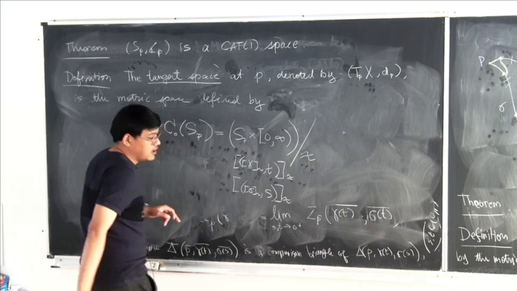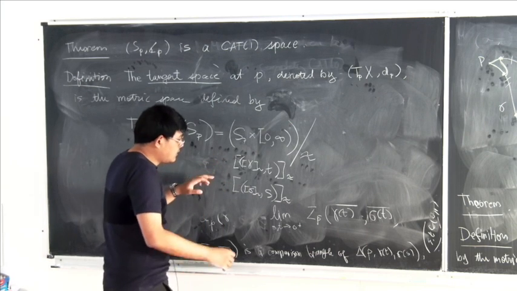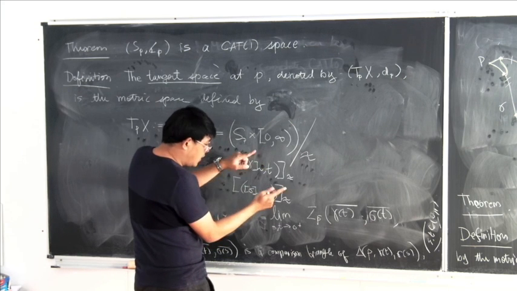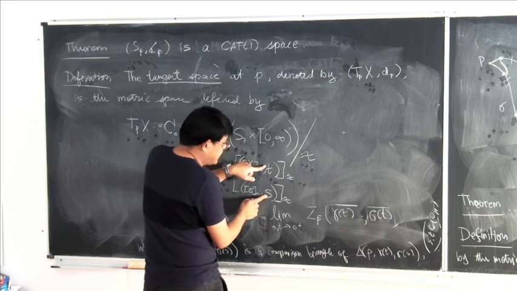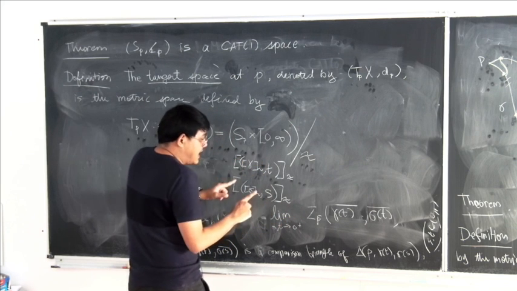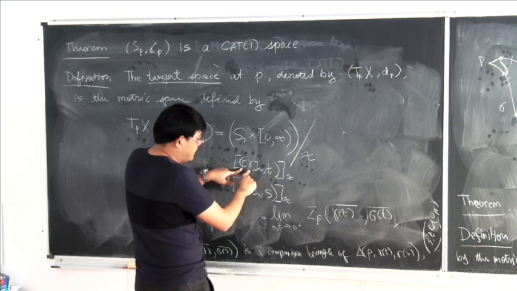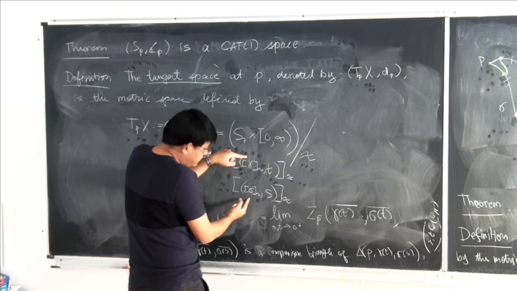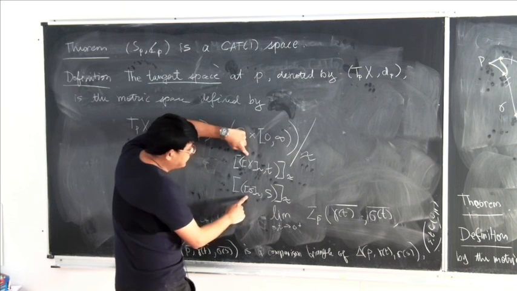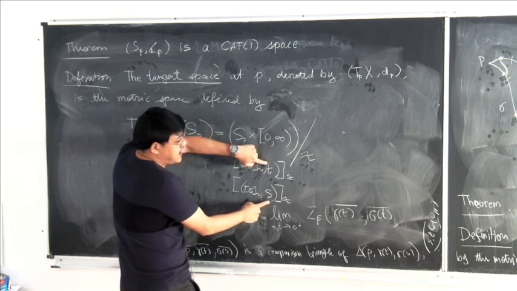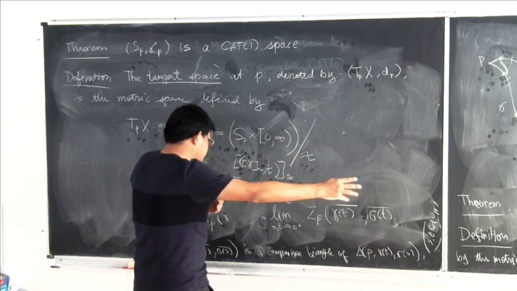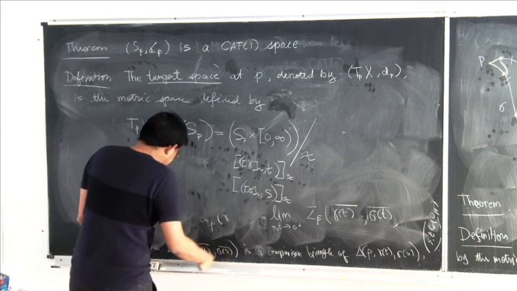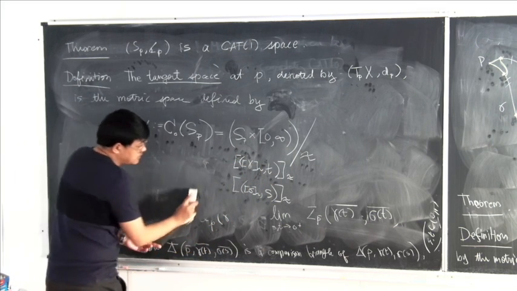when will these two elements coincide? Either S and T are both 0, or both S and T are the same but non-zero, and at the same time the class of gamma and the class of sigma are the same class. So what does it mean? It means you have the same direction and the same length towards that direction, you consider that to be identical. Okay, so I will come back to this.